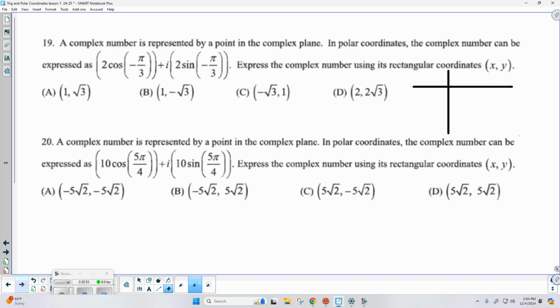So let's say we have a complex number in polar form, and we want to go back to just a rectangular complex number. So we have 2 cosine of negative pi over 3 and 2 sine of negative pi over 3. Going back from polar to rectangular is going to be really easy. What would I do here?